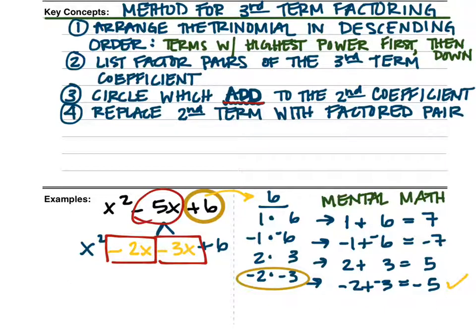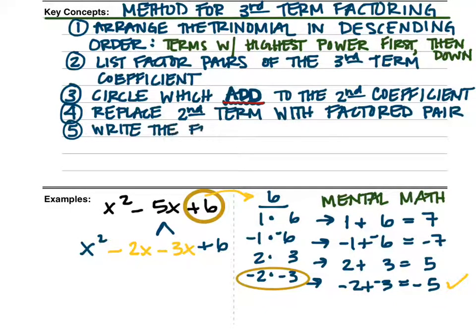Essentially, we're doing the opposite operation of simplifying. We've talked about FOIL, and we'll use FOIL here as a check, and that's why we do this replacement. I'm going to double check that in fact -2 added to -3 does give me -5. And my next step, step 5, is to write the factored form.